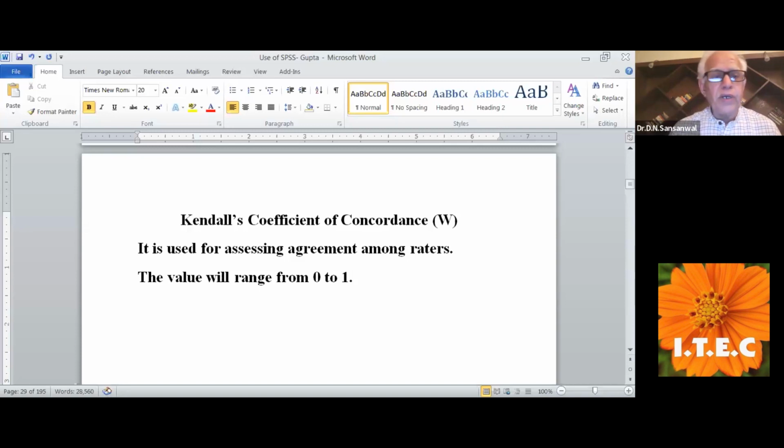And here your data must be on the ordinal scale.